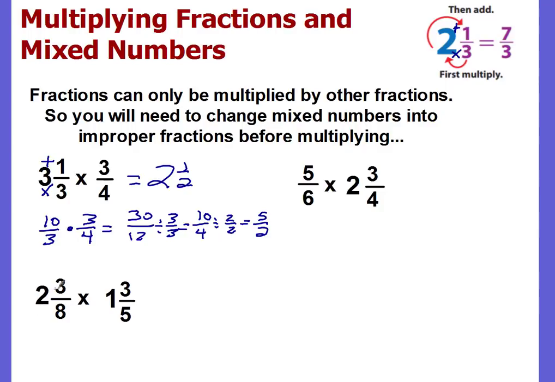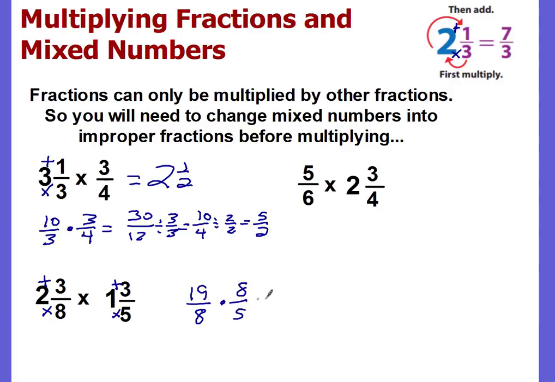Let's try this one. 2 3/8 times 1 3/5. So both of them are mixed numbers, so we have to change both of them into improper fractions. So our first one, 8 times 2 is 16, plus 3 is going to be 19/8. And do the second one. 5 times 1 is 5, plus 3 is going to be 8/5.